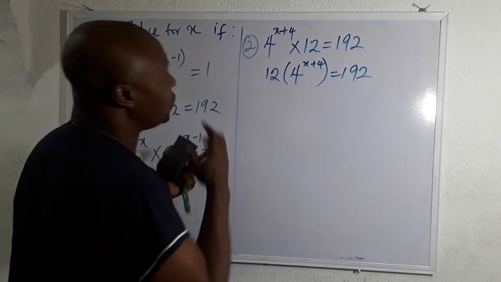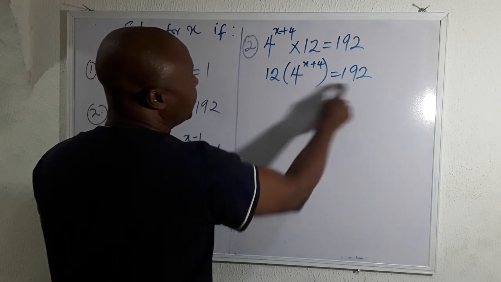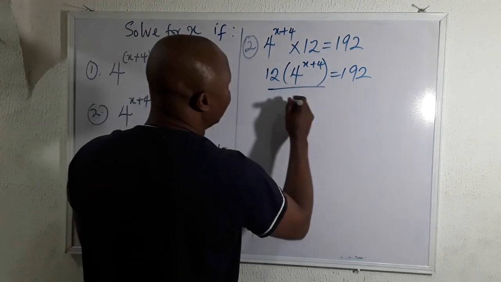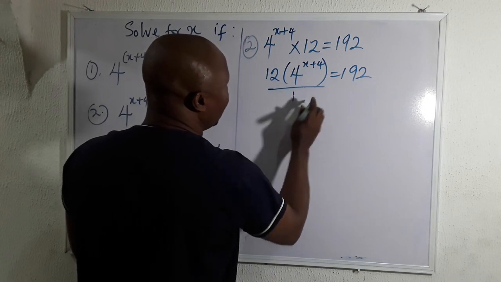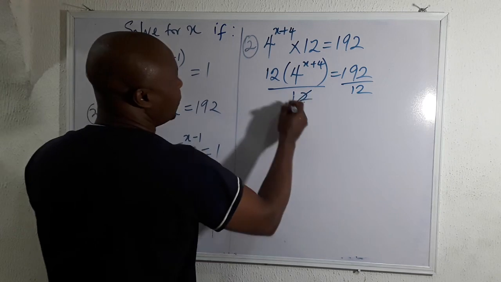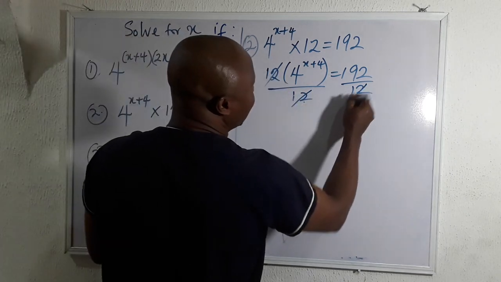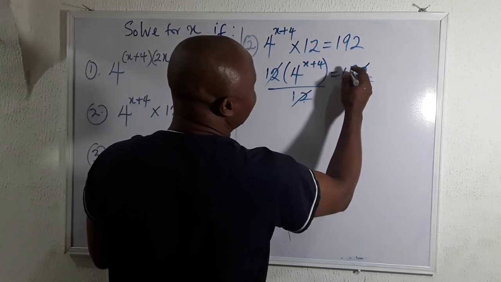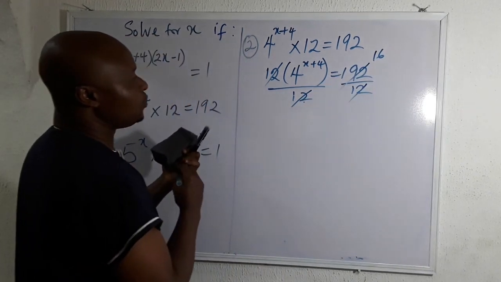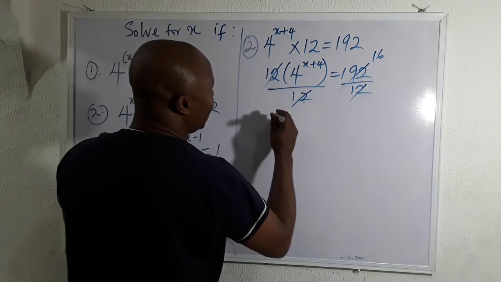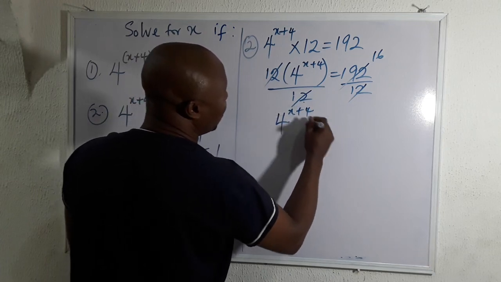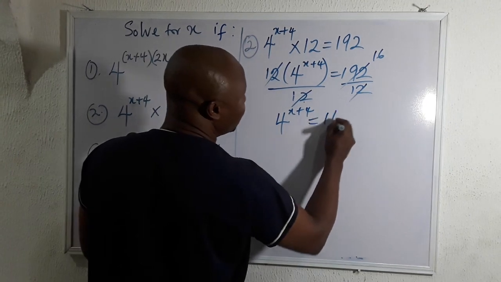So we are going to divide both sides by 12. So 12 into 12 cancels this 12. Now 192 divided by 12 is 16. So what we are left with here is 4 raised to power (x + 4) is equal to 16.